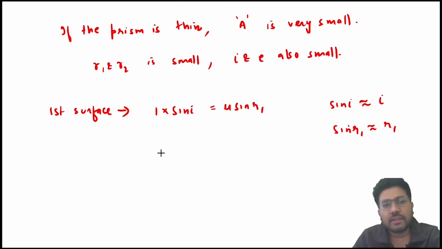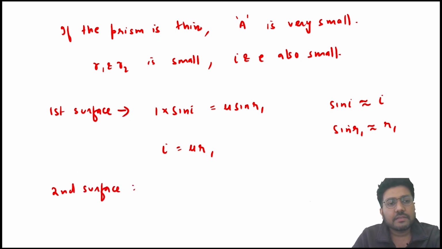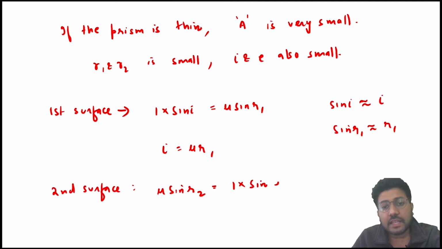So i is equal to mu r1. Similarly, for the second surface, mu into sin r2 is equal to 1 into sin e. But again r2 is very small, e is also very small, so mu r2 is equal to e.